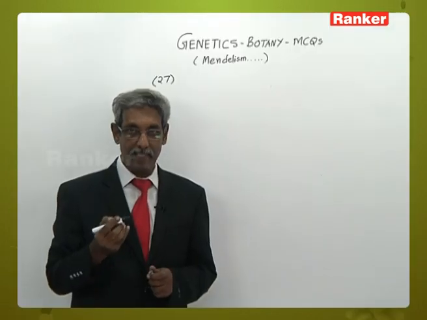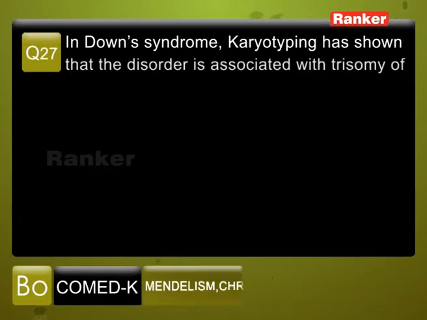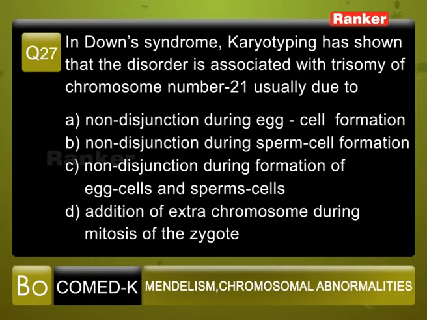Problem number 27 starts. It asks, during Down syndrome, karyotyping has shown that the disorder is associated with trisomy of chromosome 21, and the trisomy of chromosome number 21 is due to choice A is non-disjunction during egg cell formation, B is non-disjunction during sperm cell formation, C is non-disjunction during formation of egg cells and sperm cells, and D is due to the addition of extra chromosome during mitosis of a zygote.